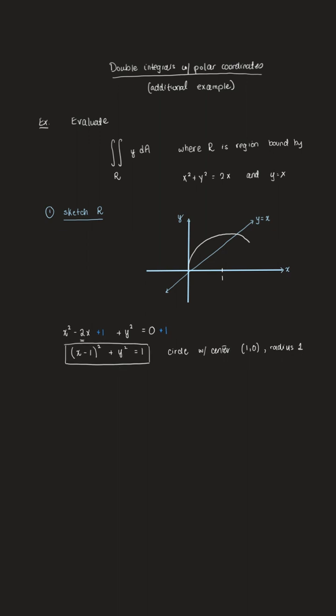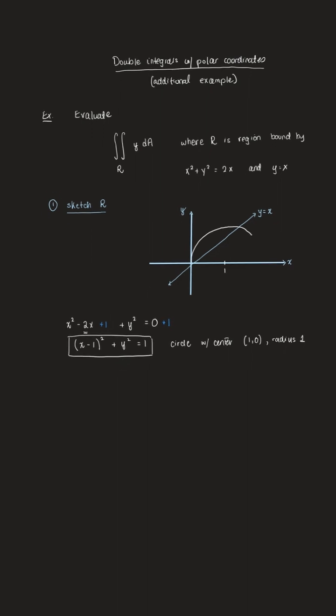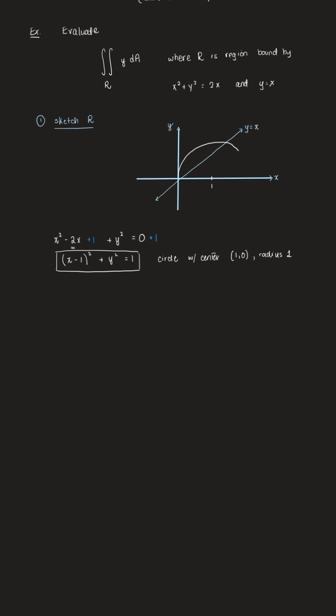We're going to see how we might use polar coordinates to define our region. So the first thing that I'm going to do is go back to the form x squared plus y squared equals 2x and try to write this using polar coordinates. Let's recall how we convert from polar to Cartesian and vice versa.